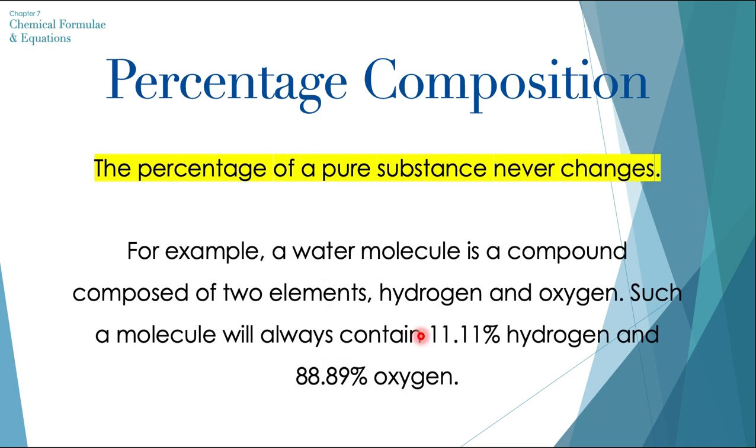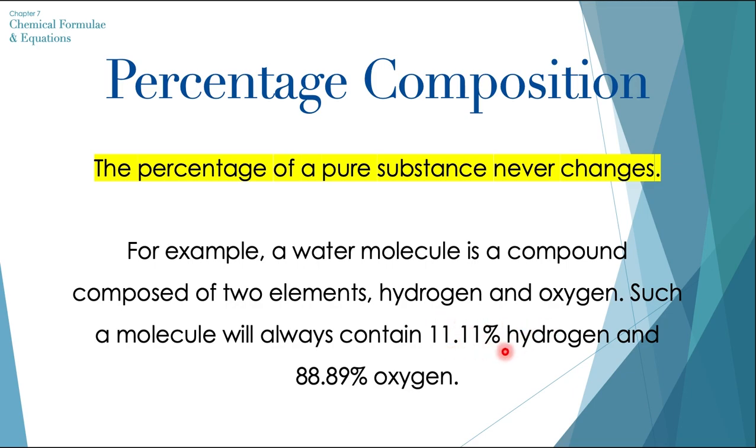Firstly, the percentage composition of a pure substance never changes. For example, a water molecule is a compound composed of 2 elements, hydrogen and oxygen. And such a molecule will always contain 11.11% hydrogen and 88.89% oxygen. If this percentage changes, it will not remain pure water.